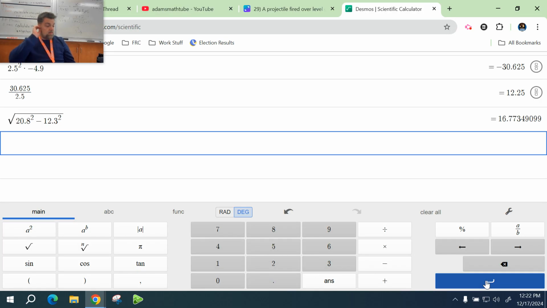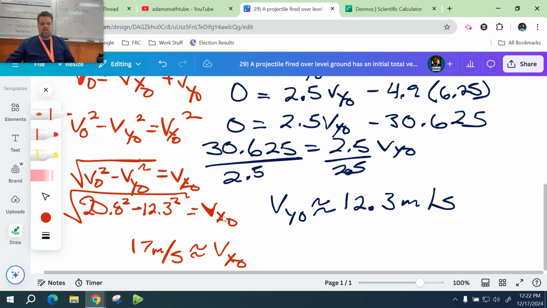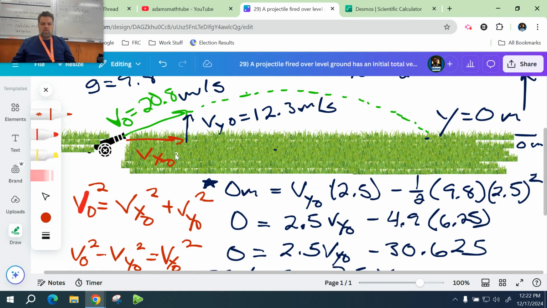And when I hit enter, I get about 16.77, so we'll say it's about 17 meters per second. That's the x component of the initial velocity. So up here we would say approximately 17 meters per second. That's the answer.